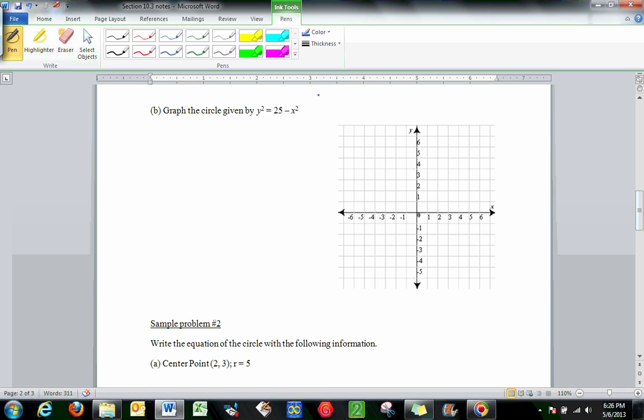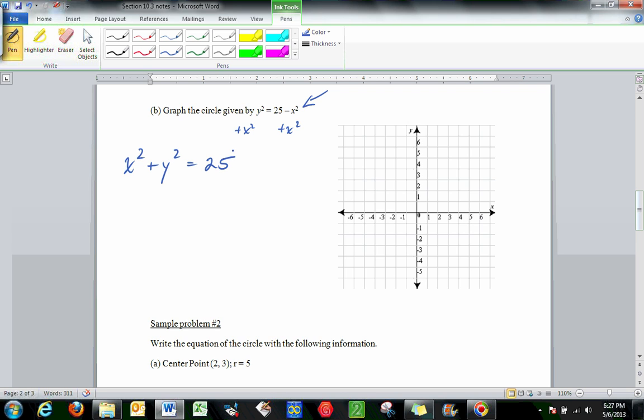Notice that the equation is not written in standard form. So the very first thing that you would want to do is to write your equation in standard form before graphing it. So go ahead and give that a try now. Okay, so the first thing I need to do is add x squared to both sides, which is going to give me x squared plus y squared equals 25.